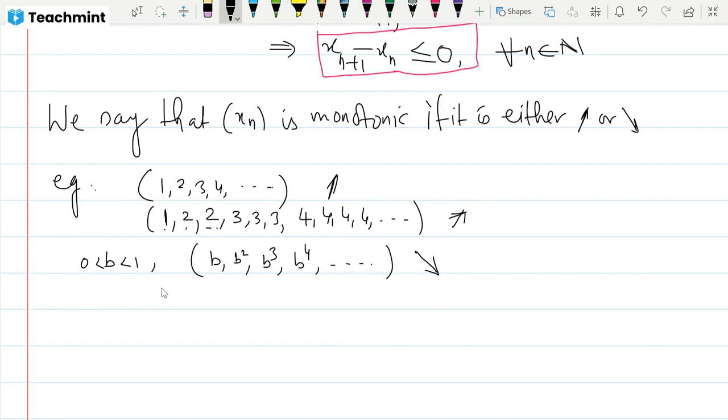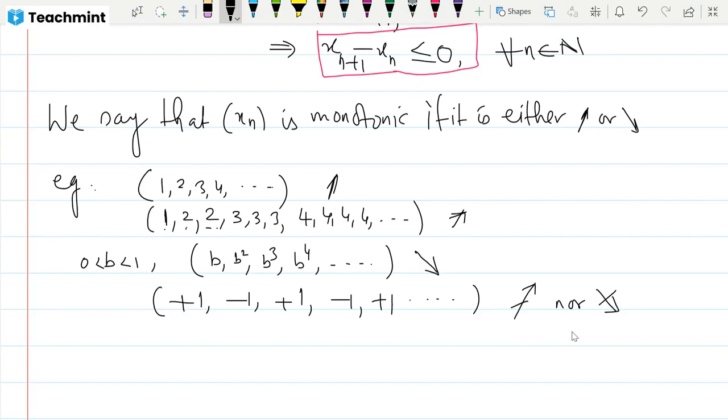There are sequences which are neither increasing nor decreasing. So this one, -1 +1 -1 +1 and so on, is neither increasing nor decreasing.